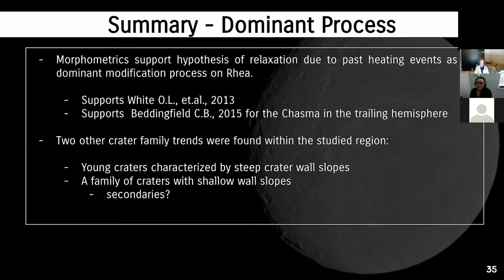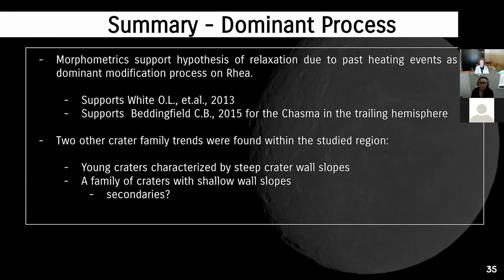Our morphometric studies support the hypothesis of relaxation due to past heat events as a dominant modification process on Rhea. As you may have noticed, 92% of the craters that we studied follow a linear trend. So they support the White paper, and it also supports the bedding fill for the chasma in the trailing hemisphere, which passes through the craters in our area.